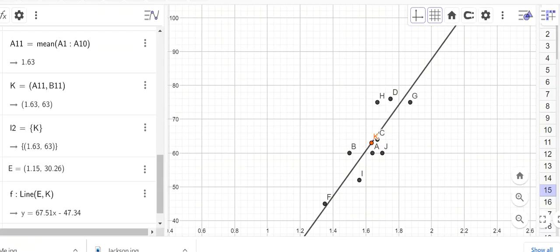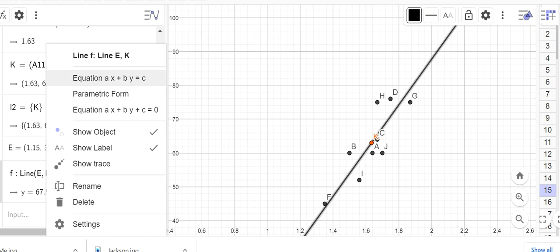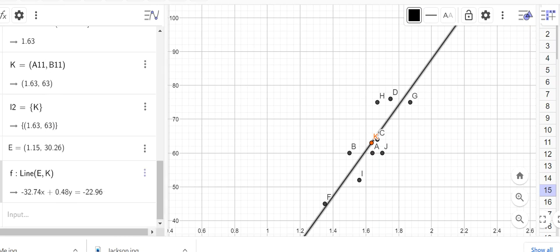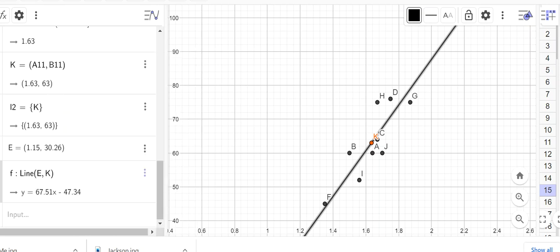Remember I said the equation in GeoGebra is really nice because once you've done your line of best fit, it's there. One thing you might remember is that when you first do it, if I right click on here, it gives me it in different forms, and luckily we can just right click and do it in y equals mx plus b form, and that's nice.